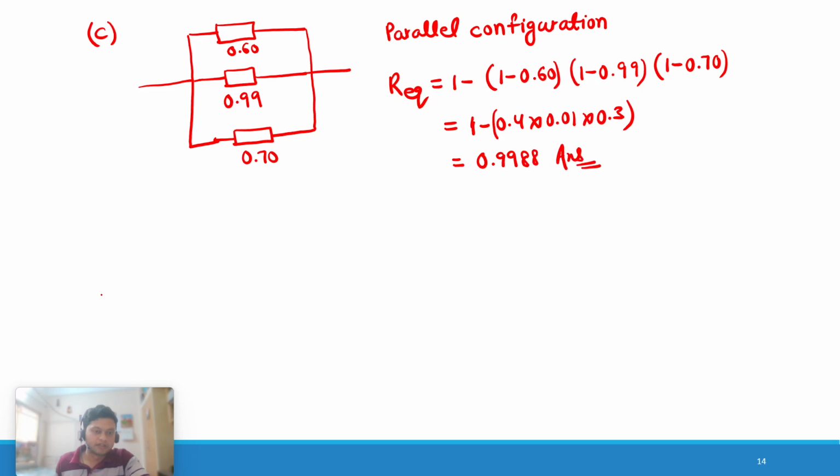For parallel combination, R equivalent always comes greater than each individual component, and for series configuration, R equivalent always comes lower than all the series values. So we are getting here 0.9988, and all the individual terms are lesser than that.